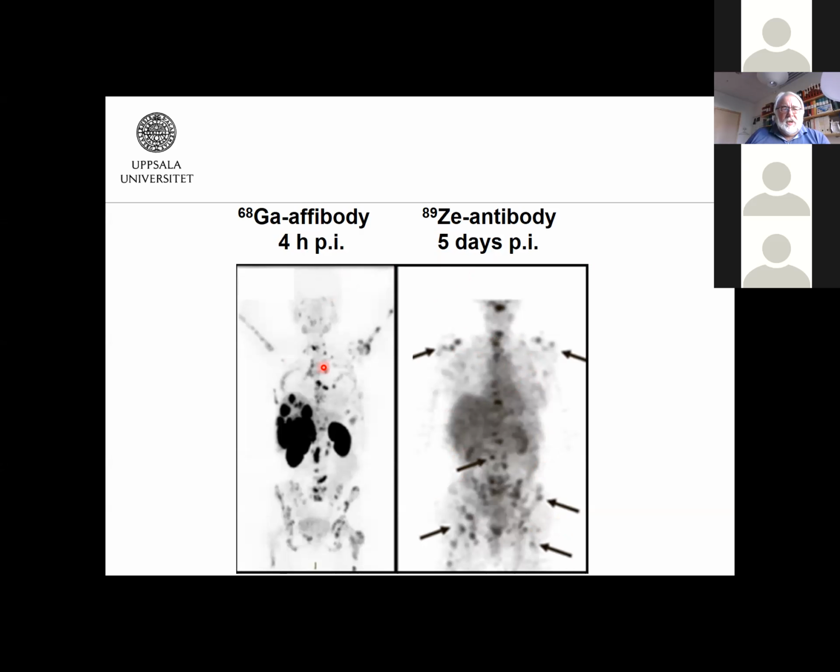Here is gallium-labeled antibody, which was used for imaging only 4 hours after injection. I think there is no need for many comments. You can yourself compare the contrast of images.